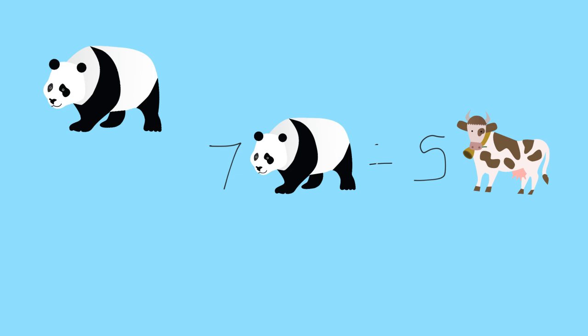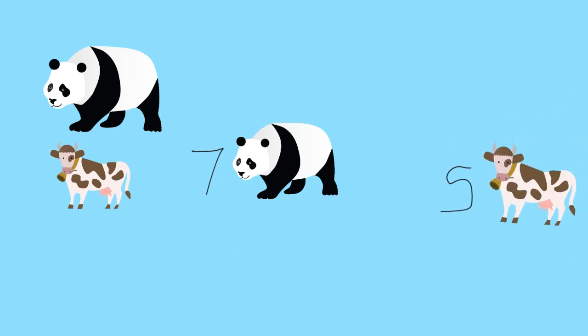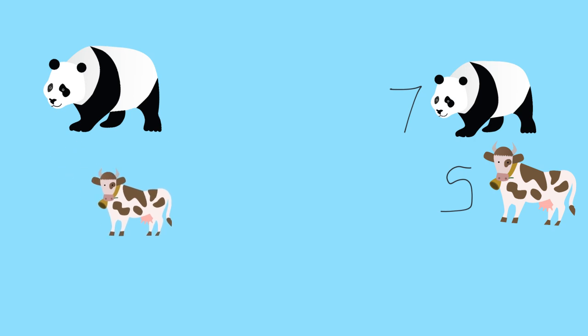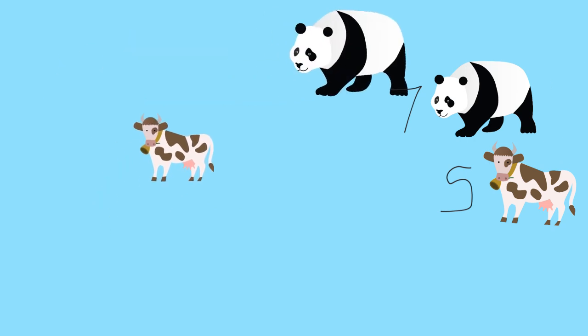So if I want to figure out how many cows I can get for how many pandas, we're going to set it up something like this. So let's move our cow over here because pandas are cooler. We want the pandas. So let's say we start off with a number of cows. Let's say we have 3 cows.